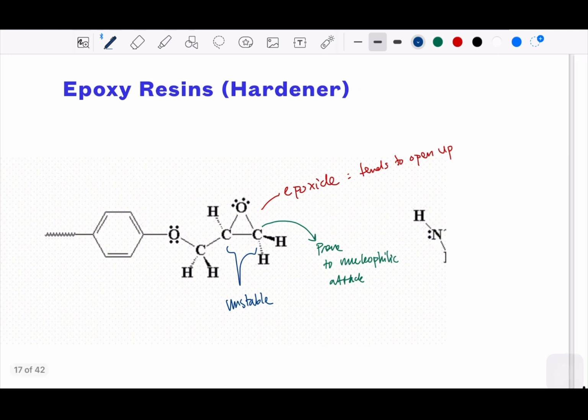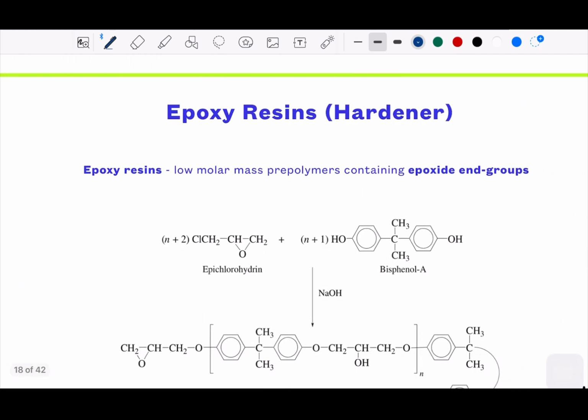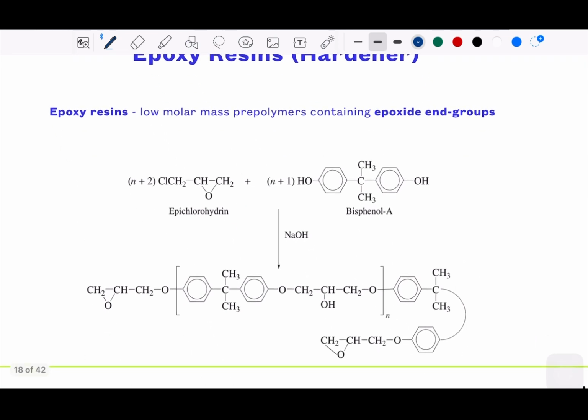Because we can see also in the example here, this is an example using bisphenol A and epichlorohydrin, where we take this sodium hydroxide. What we can see is we are going to treat it as a polymerization-based reaction.